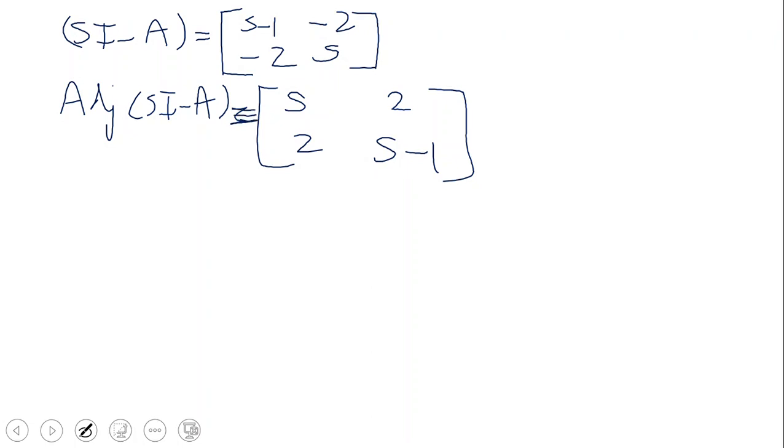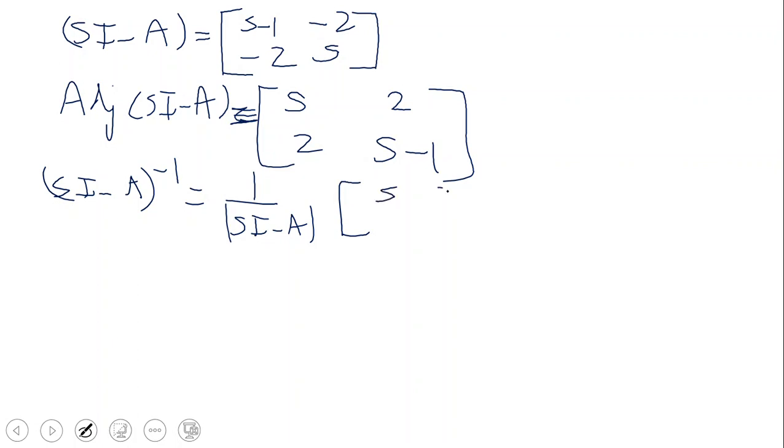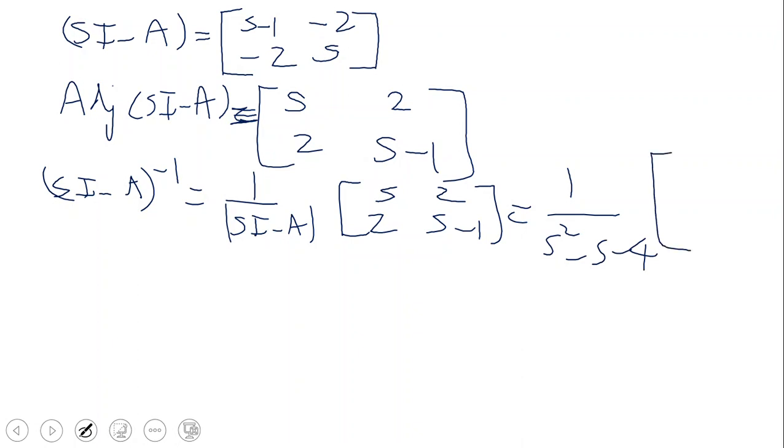That is the rule for finding the adjoint of a 2 by 2 matrix. Then (sI minus A) inverse is 1 by the determinant into the adjoint, which is 1 by (s square minus s minus 4) into [s 2; 2 s minus 1]. So (sI minus A) inverse is done.